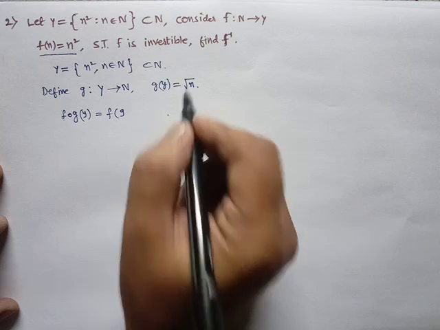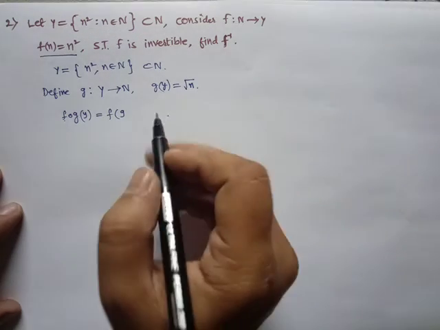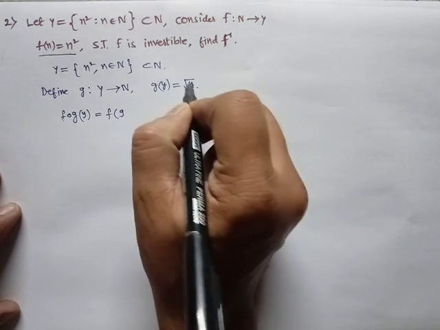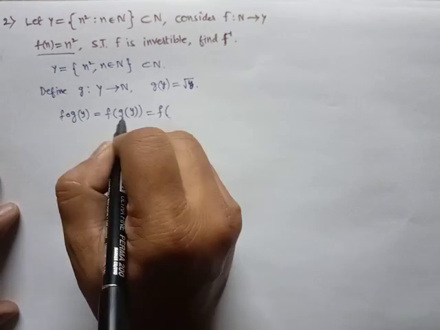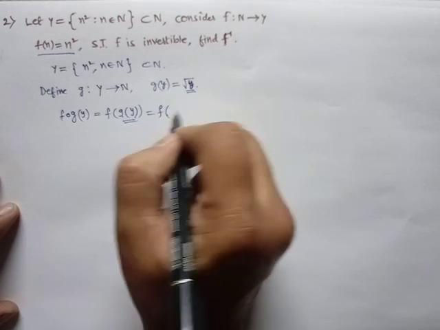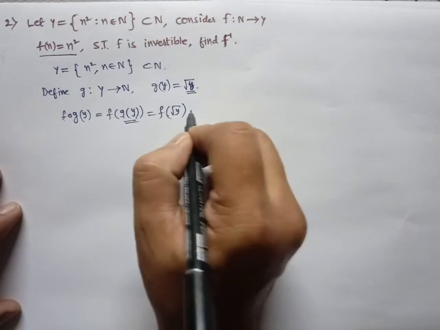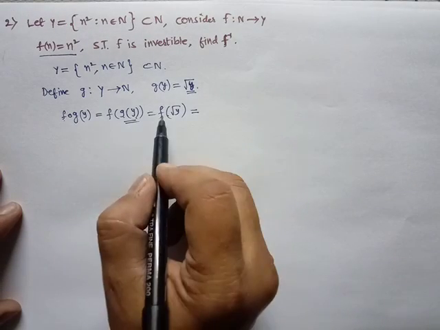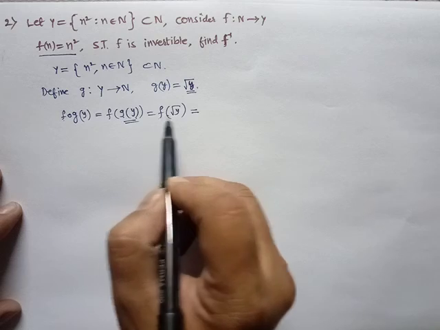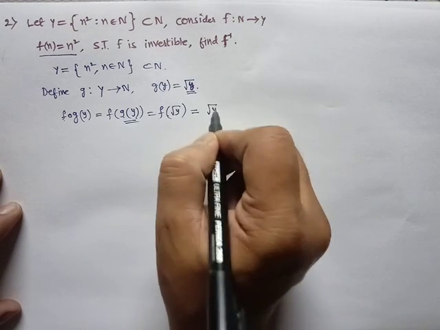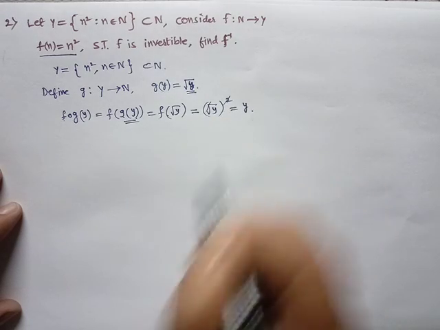G of y is equal to square root of y, so F of G of y is equal to F of square root of y. And what is the function of F? F of n is equal to n square. F of square root of y is equal to square root of y whole square. Square and square root will cancel. This will give you y.